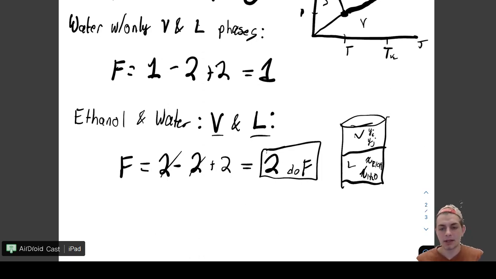Now I cannot actually specify all of these mole fractions if I want to specify some temperature and some pressure of this system as well. So I think this is a very useful tool, and we are going to use this relationship in the upcoming videos to do some more complicated energy balances.